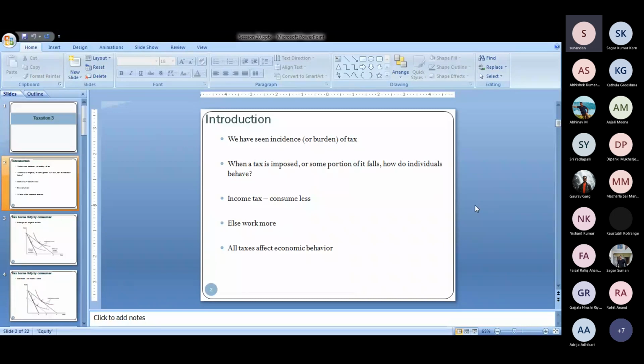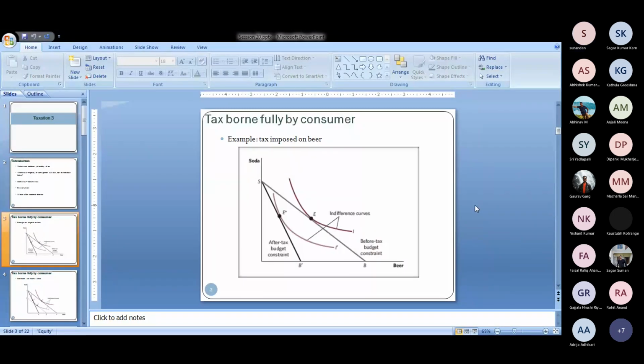So, what actually happens? Take, for example, we are talking about an individual who has soda and beer in his consumption basket. And suppose there is this new tax on beer. Fine.